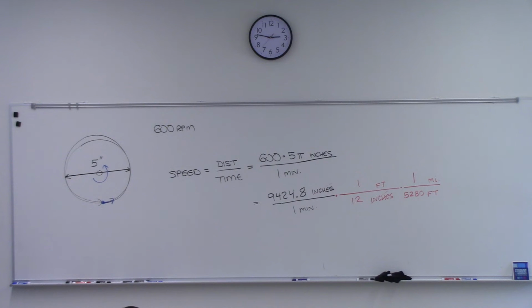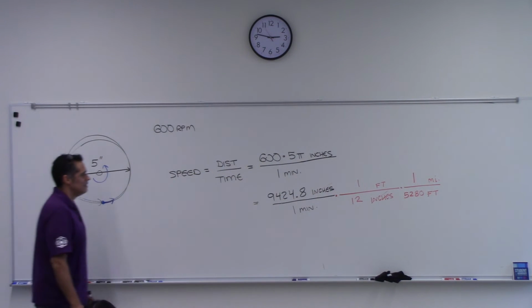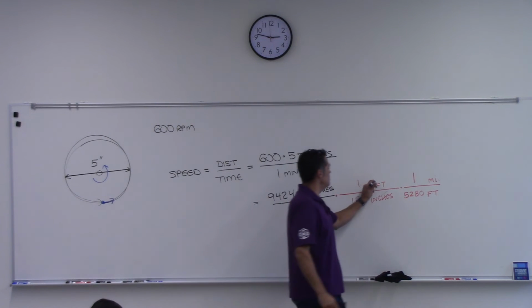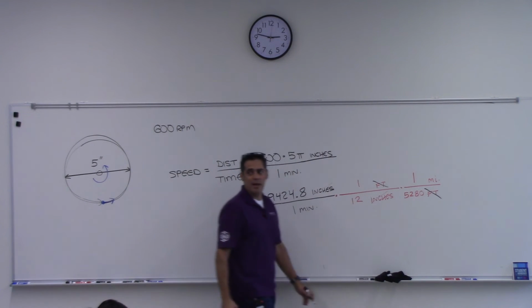That would be something I'd probably provide to you if I asked you to go to miles per hour. Well, I said you could have a reference sheet, so no, you'd have to know it. Okay, feet cancel? Now we've got miles.